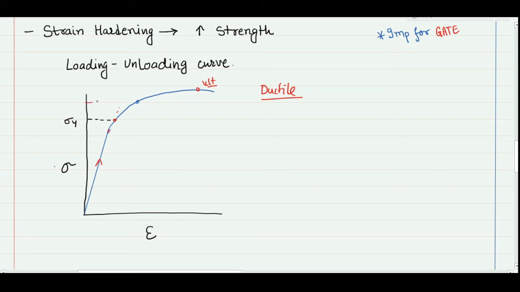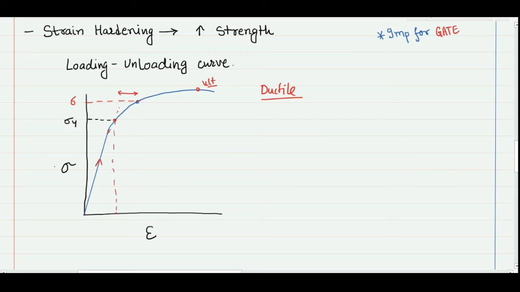Suppose I give a stress or load up to this sigma value, and suddenly I remove the loading. What will happen? When I remove the loading, the material will go back toward the original position, but there is some permanent set of deformation. There will be some permanent change in length, because up to this point I am assuming that the material is elastic.